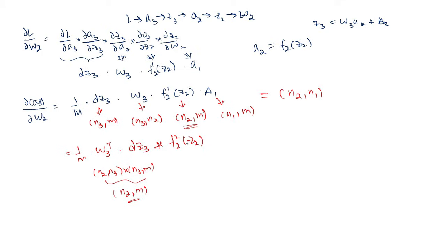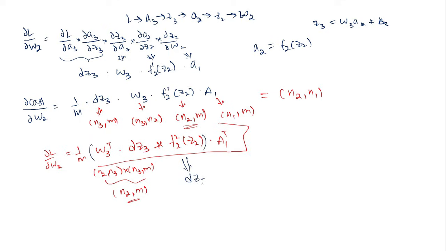So this entire thing is going to be n2 comma m. Then we can just multiply it with a1 transpose, and this will be our final equation for del cost by del w2. And here from the element wise multiplication, I mean that this 1 will be multiplied with this 2, will be multiplied with this 3, will be this 4, and so on.